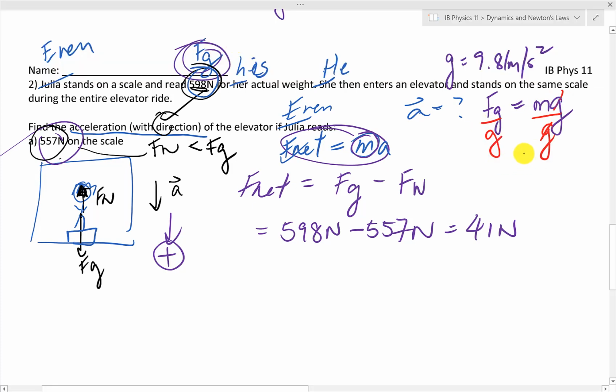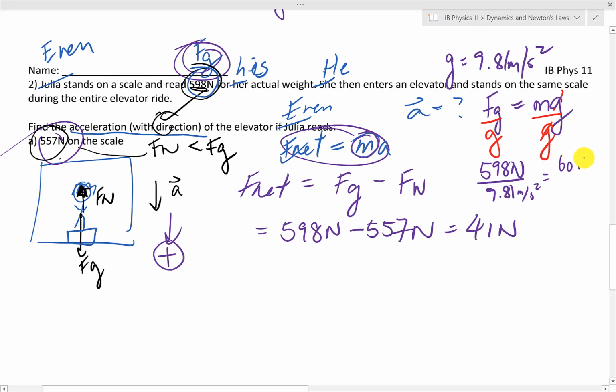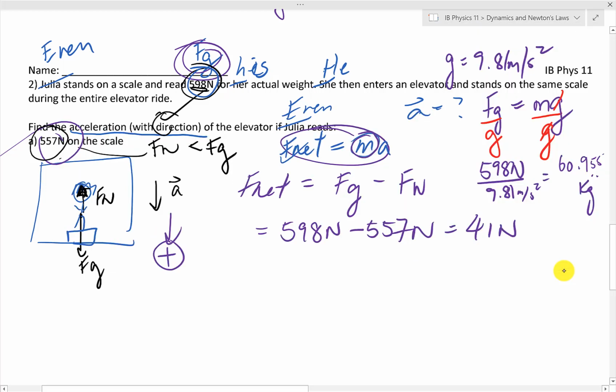Isolating for mass, I'm just going to divide both sides by g. We get 598 newtons divided by 9.81, giving us 60.958, which we will save. So don't forget we have to save all these sig figs because we can't round now. We don't round until the last step.